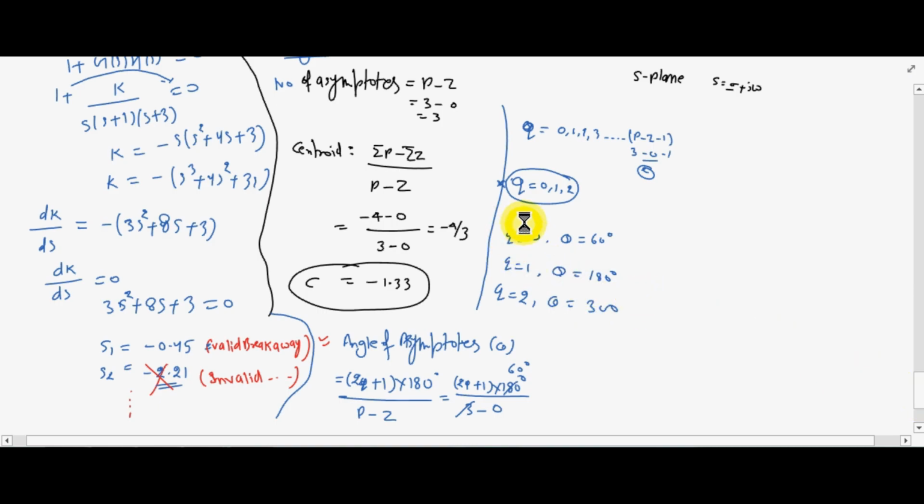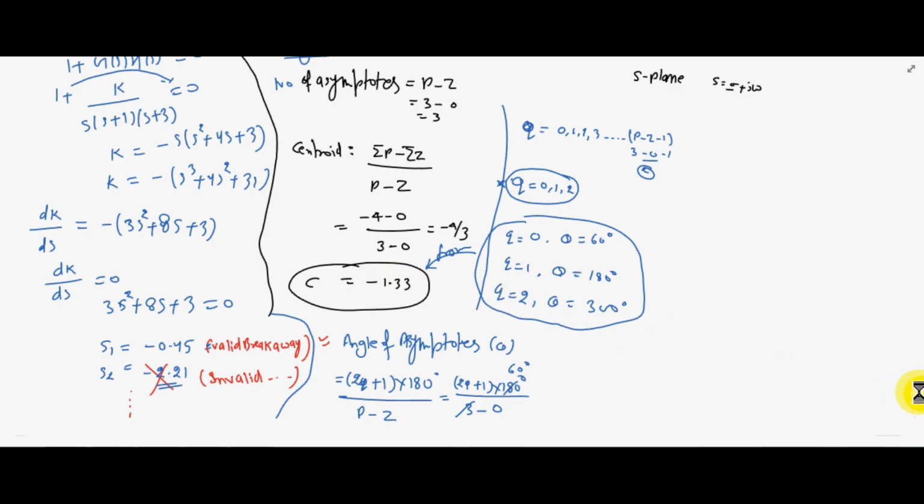Now we draw these angles starting from the centroid. From the centroid at minus 1.33, we draw a 60 degree angle, a 180 degree angle, and a 300 degree angle.